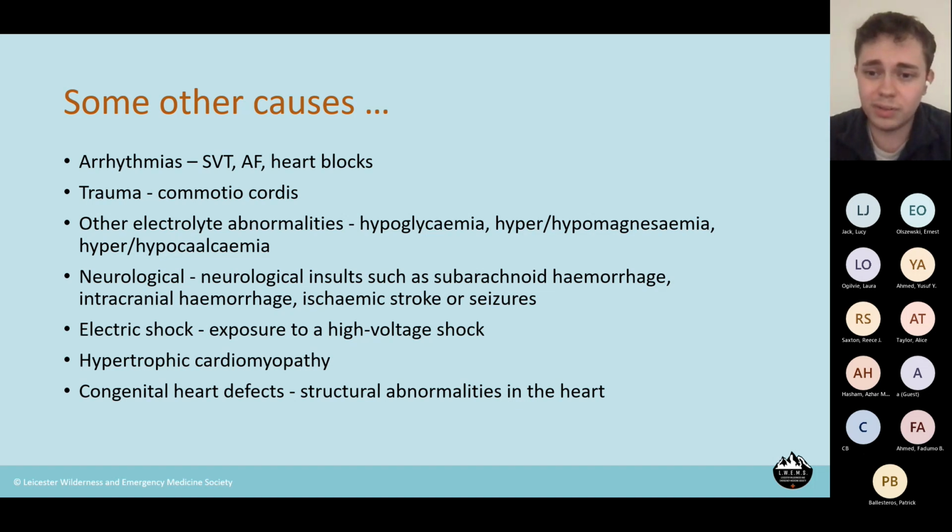Cardiomyopathy, a genetic condition where the heart's muscle becomes abnormally thick, leading to increased risk of arrhythmias and sudden cardiac arrest. And then congenital defects present from birth. So some individuals are born with structural abnormalities of the heart that will increase their risk of having a cardiac arrest.